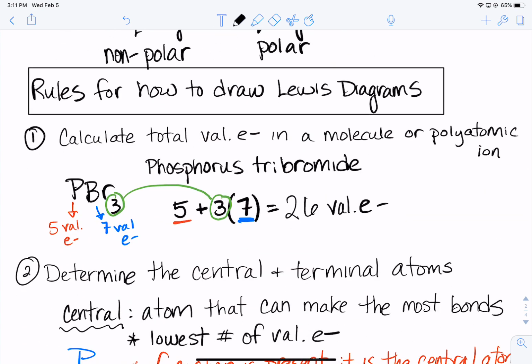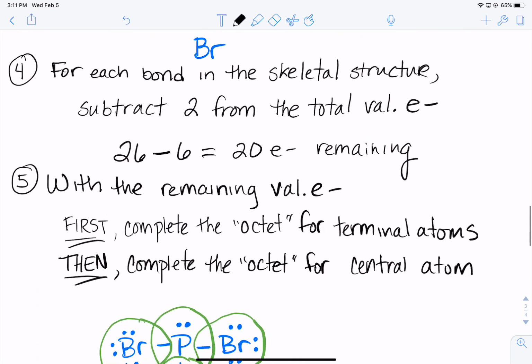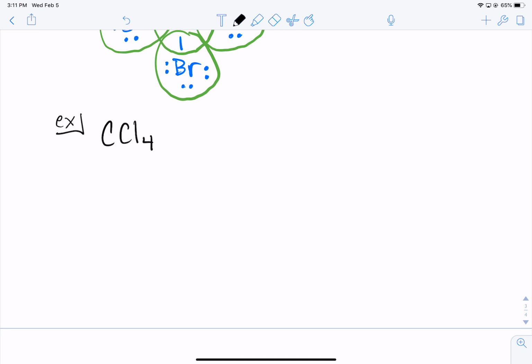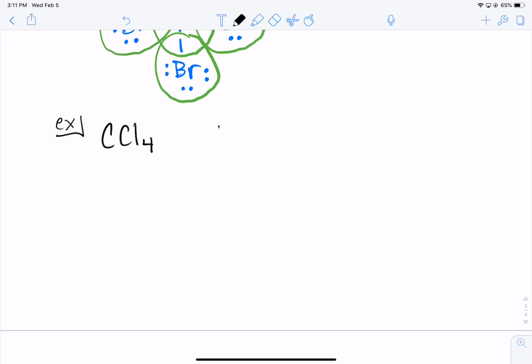So, first step, number 1, what's it telling us to do? Calculate the total valence electrons. Let's do it. How many valence electrons does carbon have? 4. Why? Because it's got 1, 2, 3, 4 in its outermost shell. I have 4 chlorines.